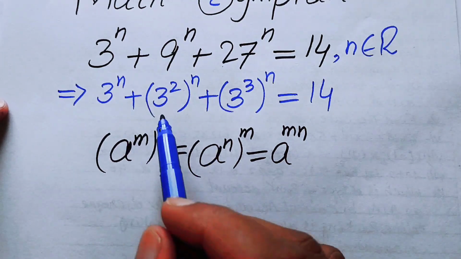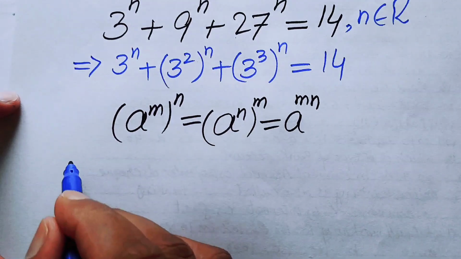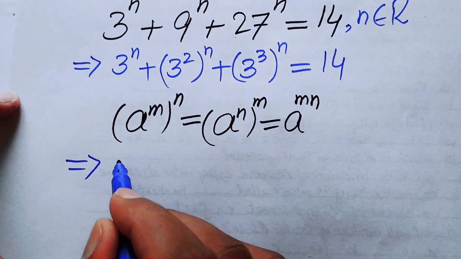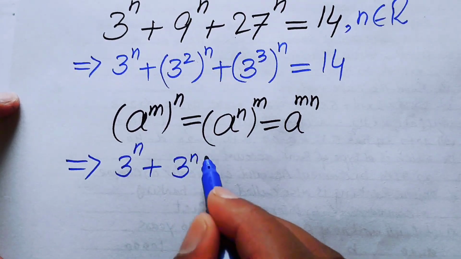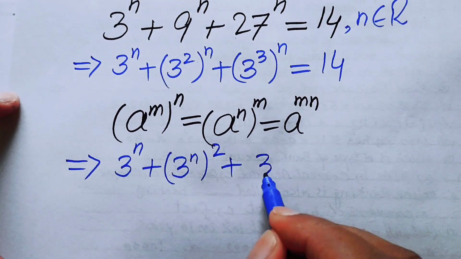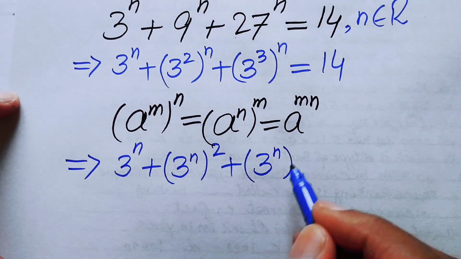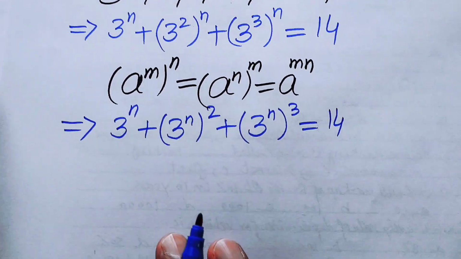So here we interchange these two exponents, and after changing them we will obtain 3 to the power of n plus 3 to the power of n and its whole squared plus 3 to the power of n and its whole cubed is equal to 14.